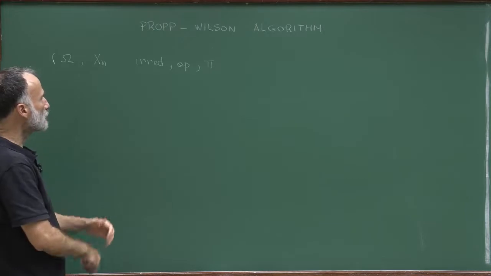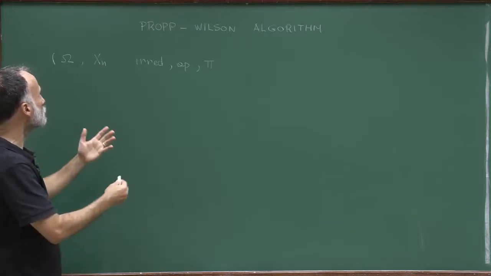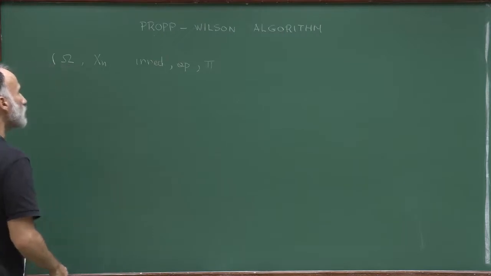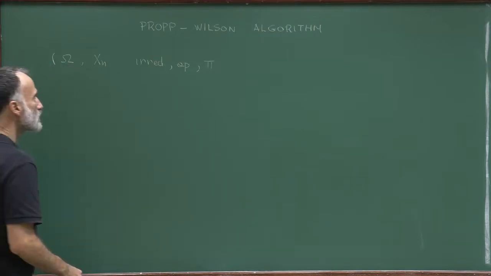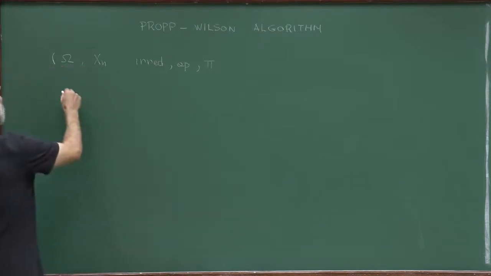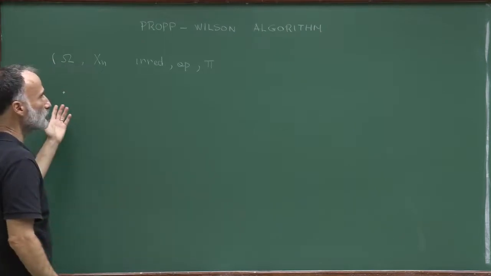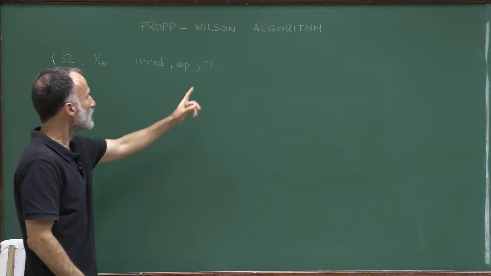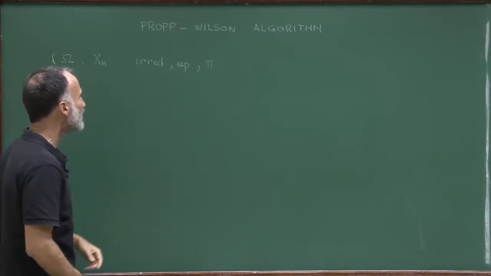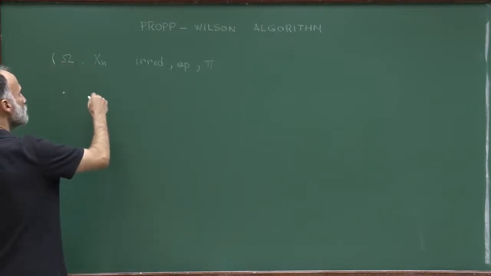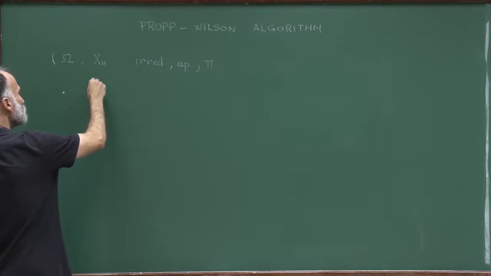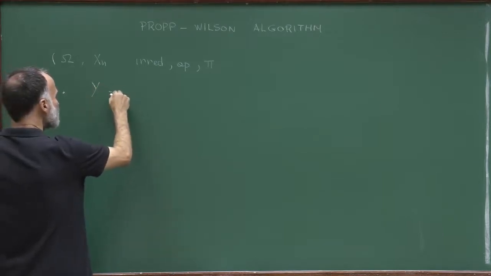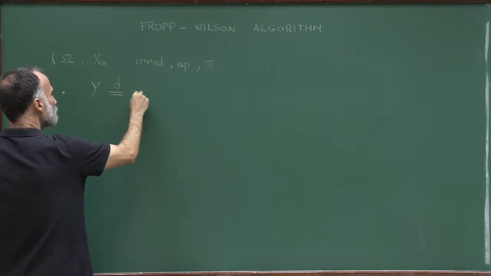So we have seen a way in which we can do that, and the Propp-Wilson algorithm is an alternative way which has two advantages. The first advantage, in comparison to what we did so far, is that we will have exactly a distribution, so we will produce a random variable whose distribution is exactly equal to pi.